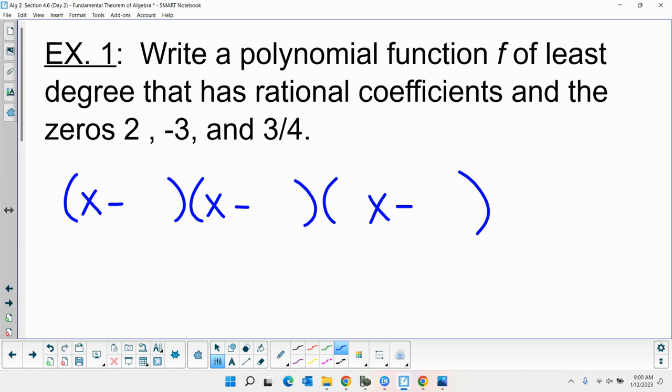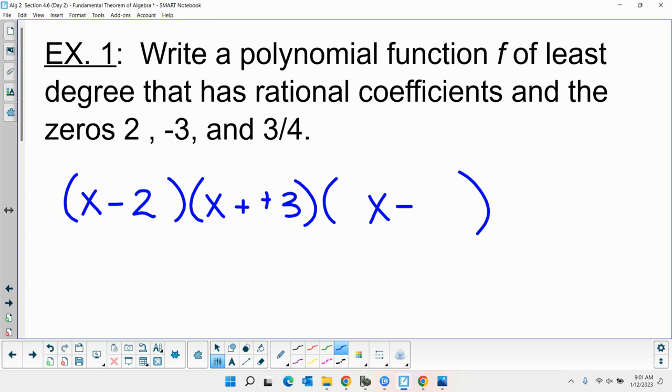So this has 3 factors because it gave us 3 zeros. So when I'm done, it's going to be x cubed. All right? So just put these numbers after x minus. So x minus 2. What's x minus negative 3? That ends up being plus 3.